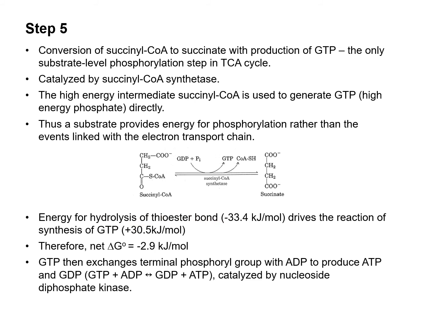Therefore, the net delta G naught would be the sum of these two values, which is minus 2.9 kilojoule per mole. And GTP then exchanges the terminal phosphoryl group with ADP to produce ATP, and GTP goes back to GDP in this case. And this reaction is catalyzed by nucleoside diphosphate kinase.